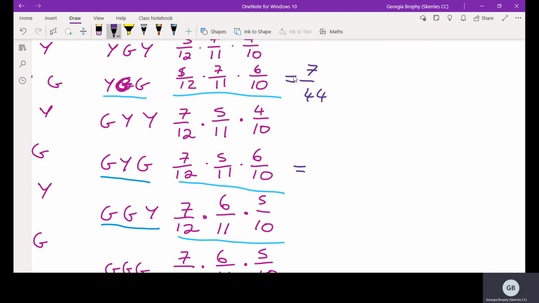Straight into your calculator. 7 over 44. And your last one then, green, green, yellow. That's 7 over 12 by 6 over 11 by 5 over 10 equals 7 over 44. So it is 7 over 44 added together 3 times, also known as multiplying by 3.